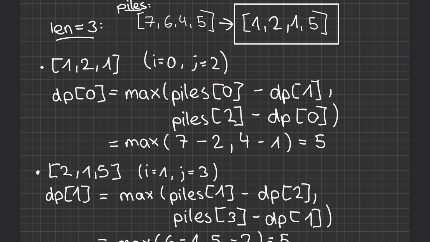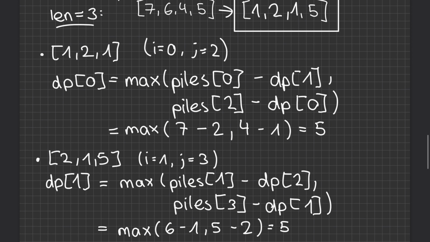And if we now put the values i and j in our max statement right here, we get an advantage of 5 now for Alice, because if we inspect this subarray right here, Alice can start with the 7 and Bob picks the 6 and she gets the 4 again, and she has a total of 11 and Bob has a total of 6, and therefore she has an advantage of 5.